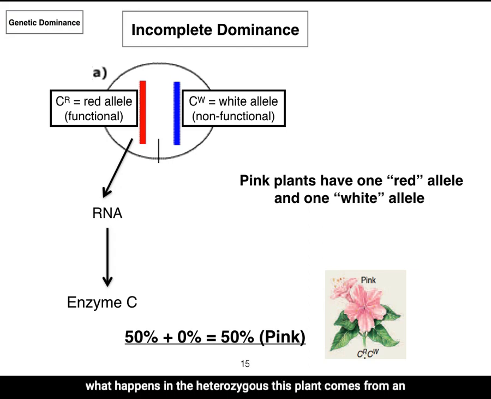This plant comes from an F1 offspring produced from one red allele carrying plant and one white allele carrying plant. In this heterozygous plant cell, you have one allele for red flower pigmentation and one non-functioning white allele.